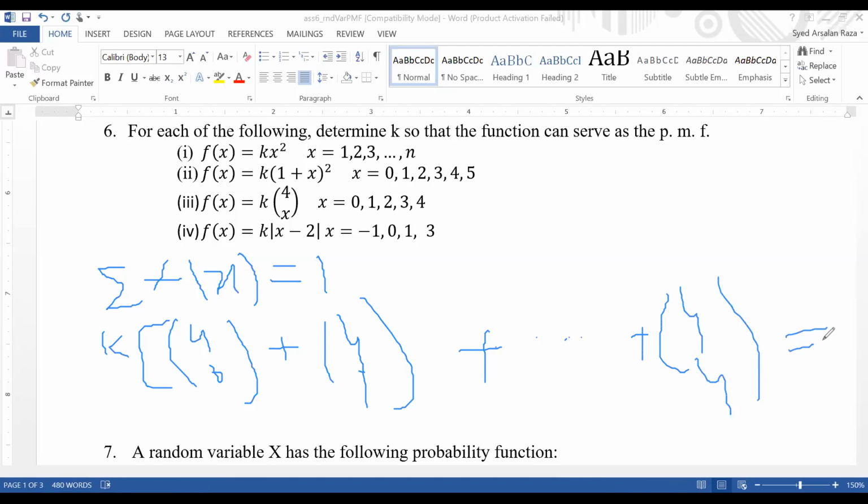Now the equation is there. Calculate the total of these combinations. Then the value of k will be 1 upon that total. So in this way, you can solve all the parts of this question. You calculate the total, equate it to 1, and then you can get the value of k.